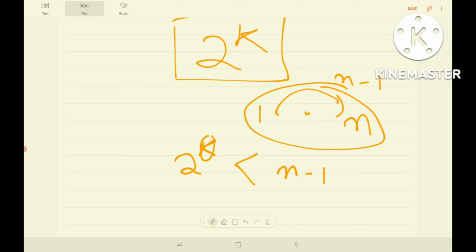I hope you understood that. So after kth time step, you have 2 to the power k kind of jumps that are possible. And those 2 to the power k elements are 1, 2, 3, till 2 to the power k.